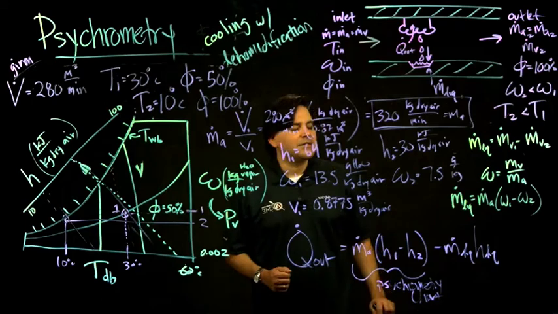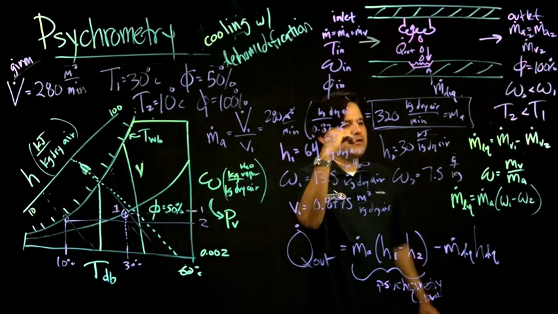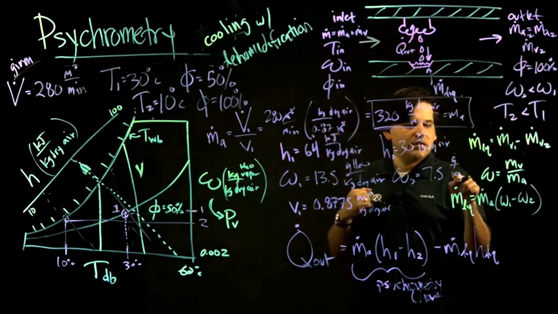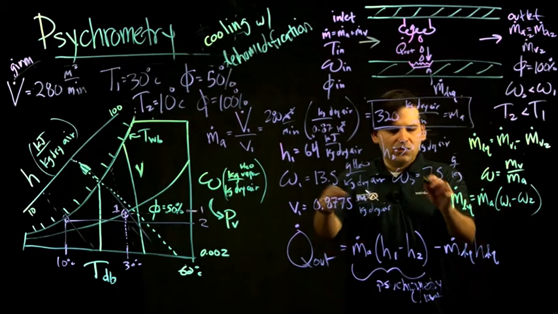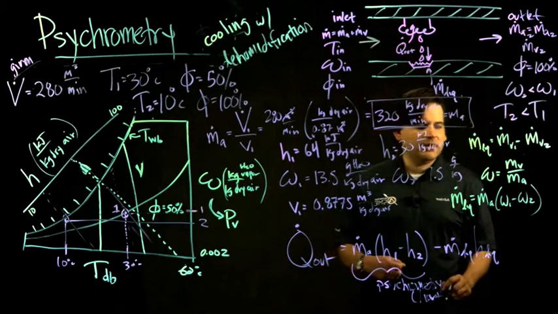So that's the mass balance for water, which helps you find the mass of the liquid. And if you have the psychrometric chart, you can find that this way.